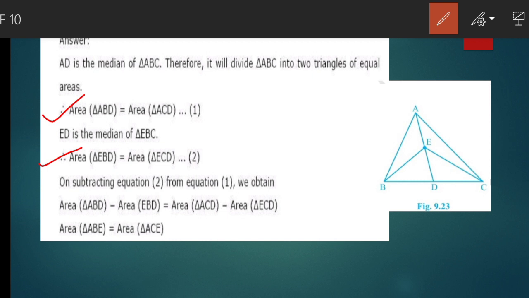Now we will subtract this shaded portion from 1, that is from ABD we are going to subtract EBD, and from ACD we are going to subtract ECD.